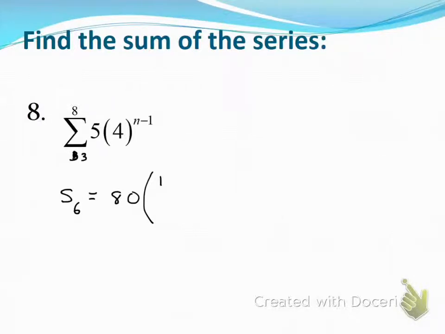1 minus, what's our ratio? Raised to the n. How many terms did we say again? Remember when I counted on my finger? It was 6, right? Over 1 minus 4. Now, you could type in what we just wrote up there, Ashley.